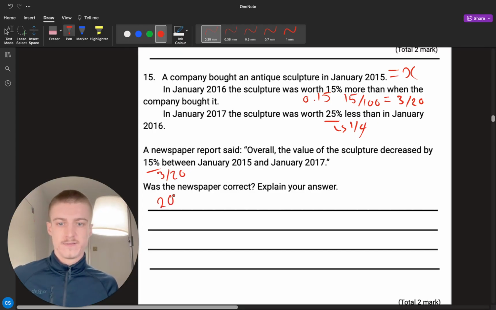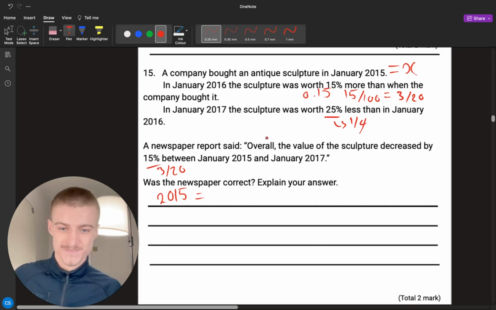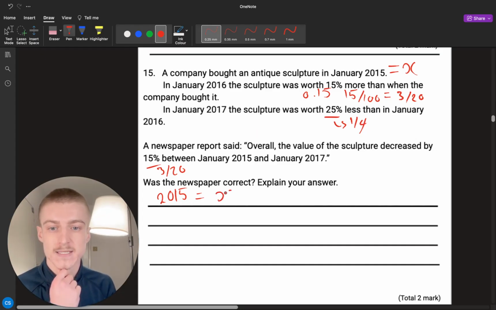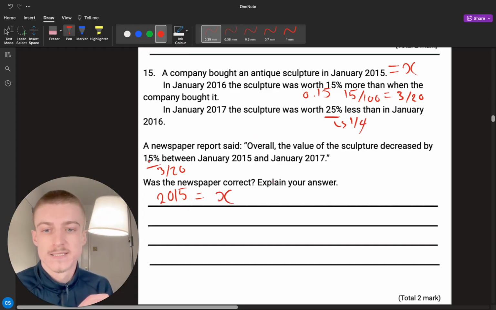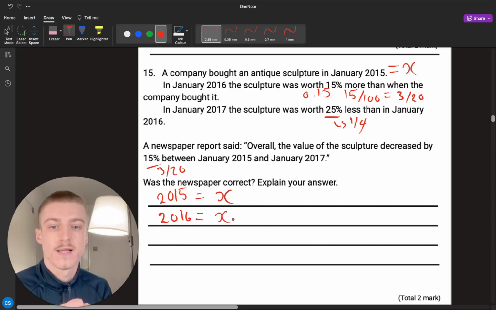In 2015, the sculpture was worth X, and in 2016, it was worth 15% more. So we have X plus 3 over 20 X. So this is 20 over 20 plus 3 over 20.